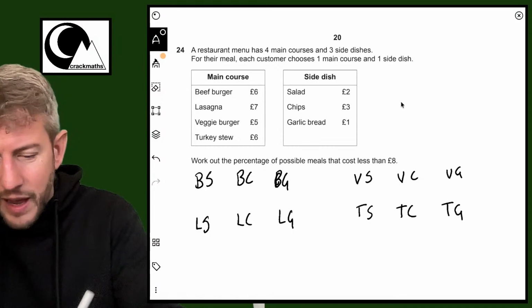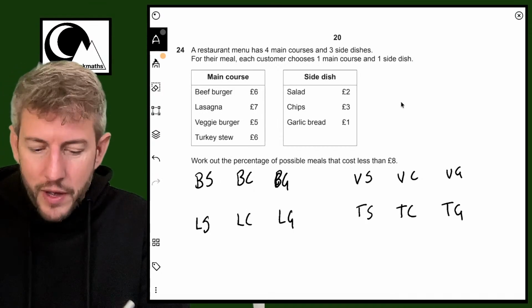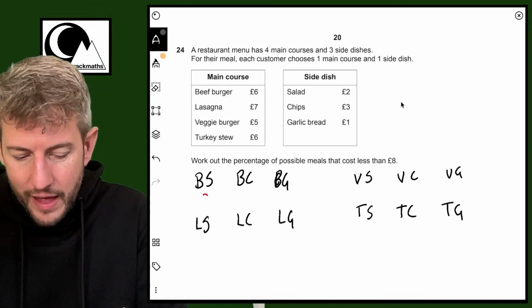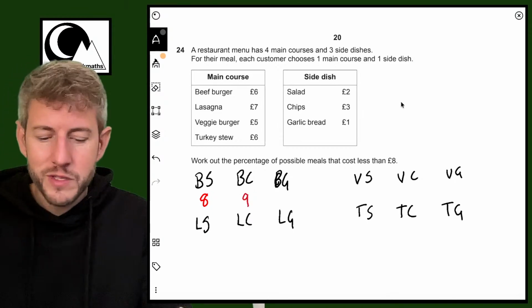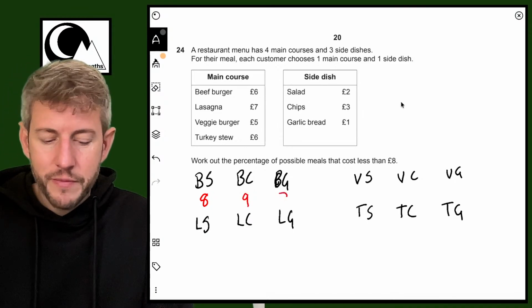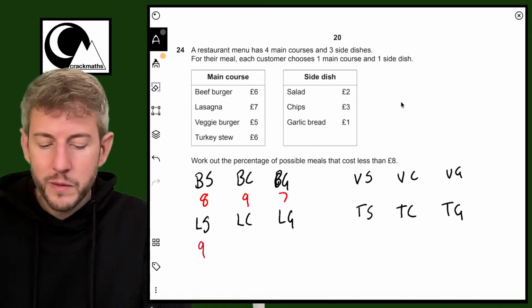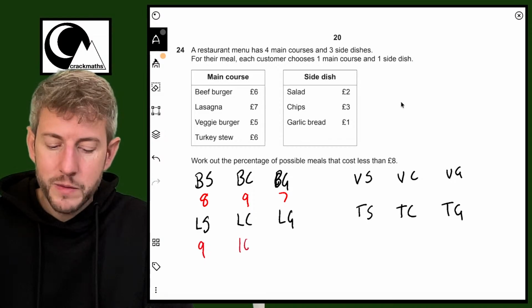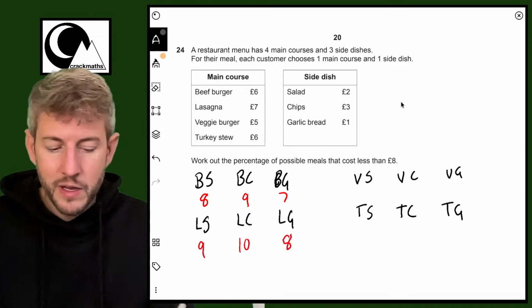Okay, right. Now let's just work out the prices of each of these. So burger salad would be £8. Burger chips would be £9. Burger garlic would be £7. Lasagna salad would be £9. Lasagna chips would be £10. Lasagna garlic bread would be £8.